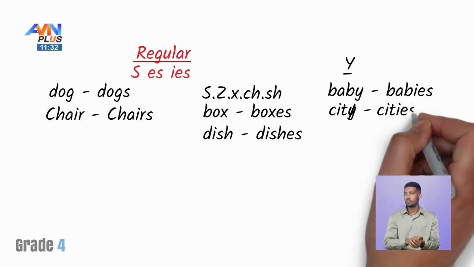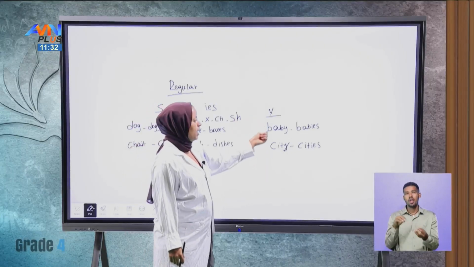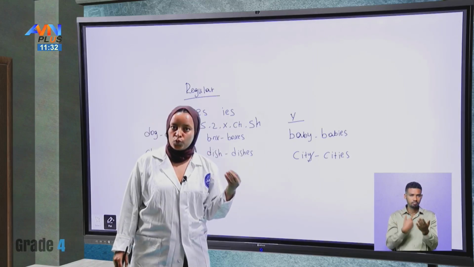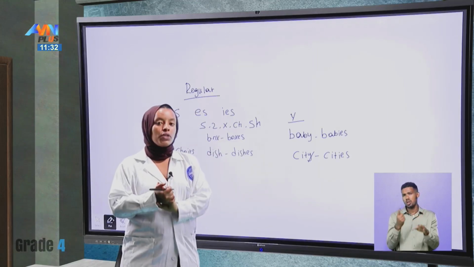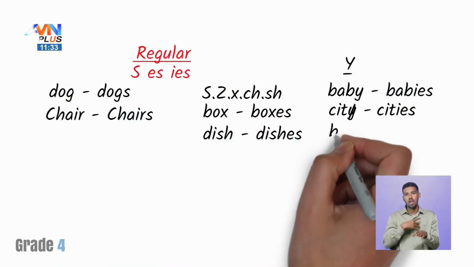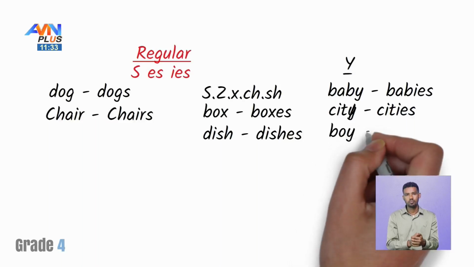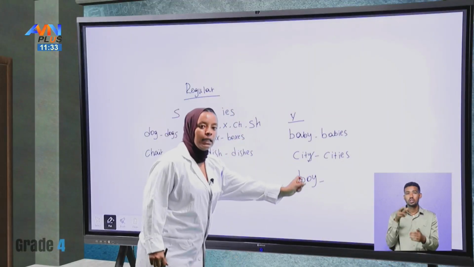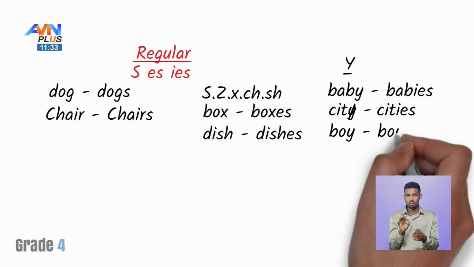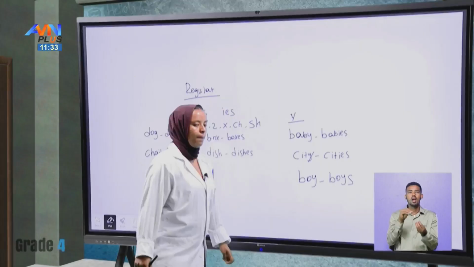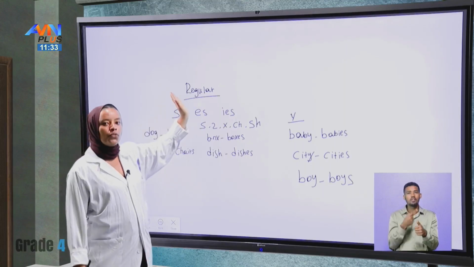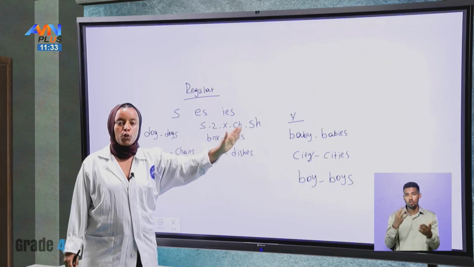But there is a specific rule. Sometimes some nouns end with Y, but we don't cancel Y. Like boy. We don't cancel because before Y there is a vowel O, so just take the same and add S. Boy, boys. This is the first rule, the regular form of plural nouns.